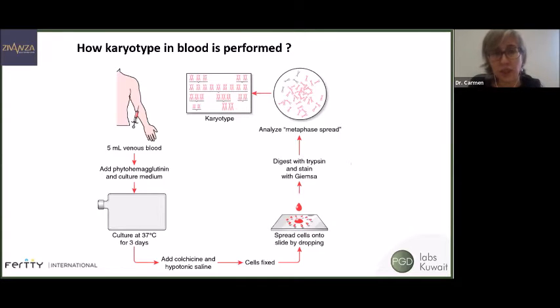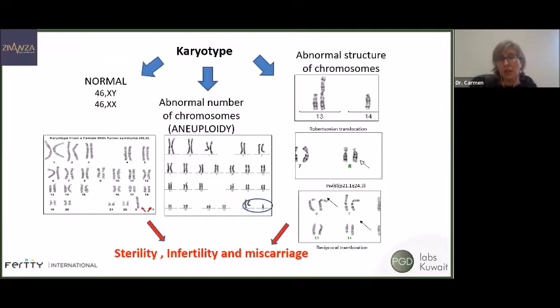For example, if we are doing the karyotype in blood, we only need a little bit of blood, culture this blood, and then stop the culture and stop the cell division. We spread these cells on a slide, and after staining of these slides, we analyze the karyotype, the metaphases with the chromosomes.